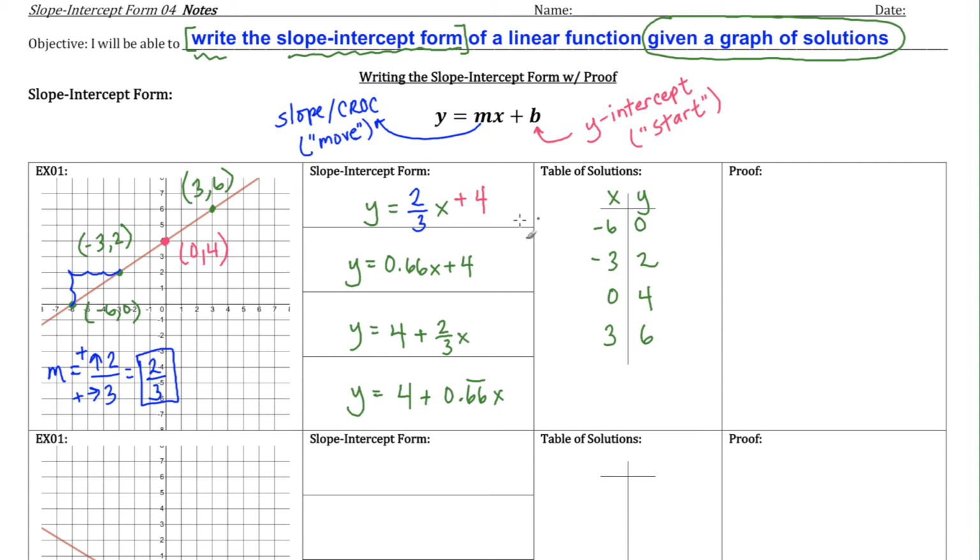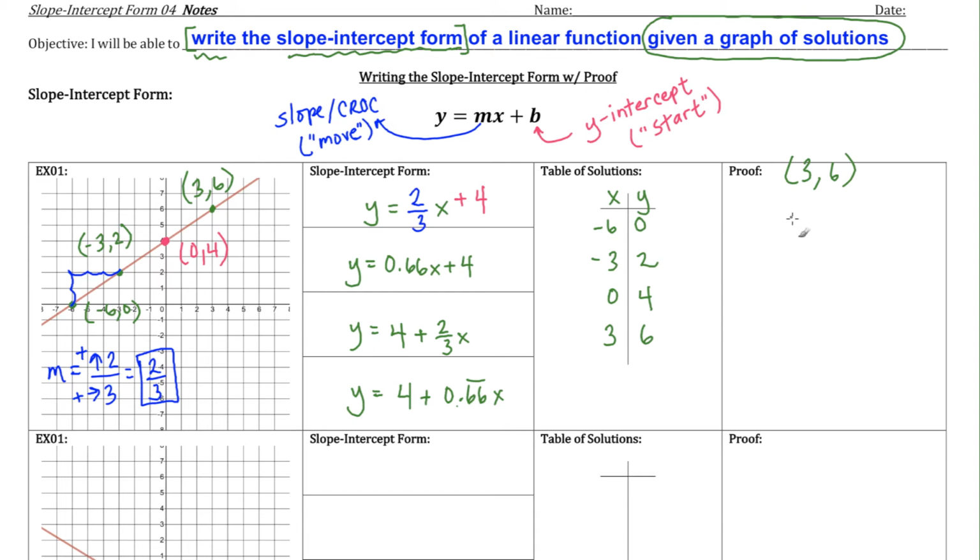So let's go ahead and prove that these equations go with this graph of solutions. So I'm going to choose a point from here, an x, y. So I'm going to use (3, 6). And then I'm going to write my equation as y. You can choose any one of these.